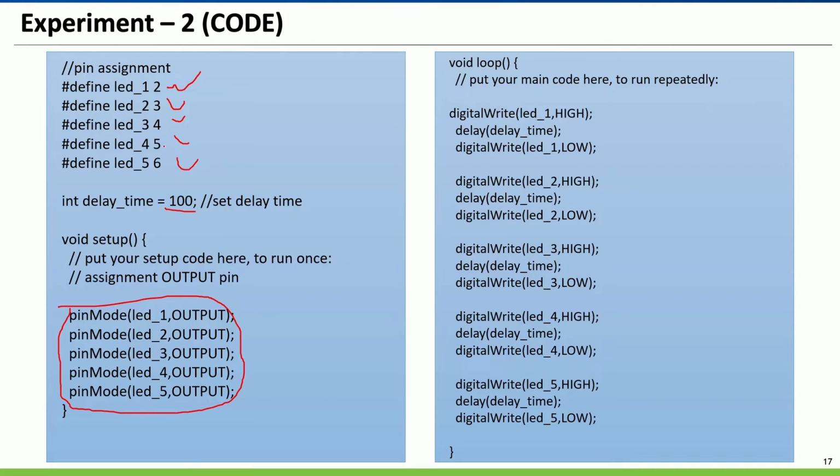We defined already 2, 3, 4, 5, 6. And first, you use digitalWrite for LED 1 high, on, and this one sets the delay time, and then it's off for LED 1, and LED 2 high, and then off again, on LED 3, on LED 4, on LED 5, something like this.